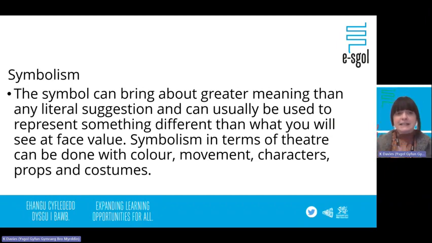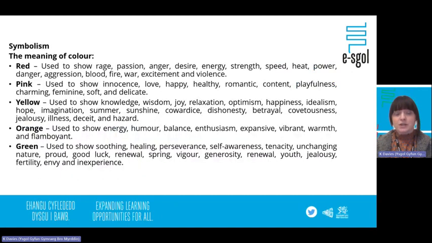So I'm just going to lightly skip through some of the next few slides because they're simply giving you some terms that you can revise and some things that you can potentially look over. Things like symbolism, which can be done through colour, movement, characters, props, costume. You've got a list of colours and what they possibly symbolise or suggest in a literary sense.